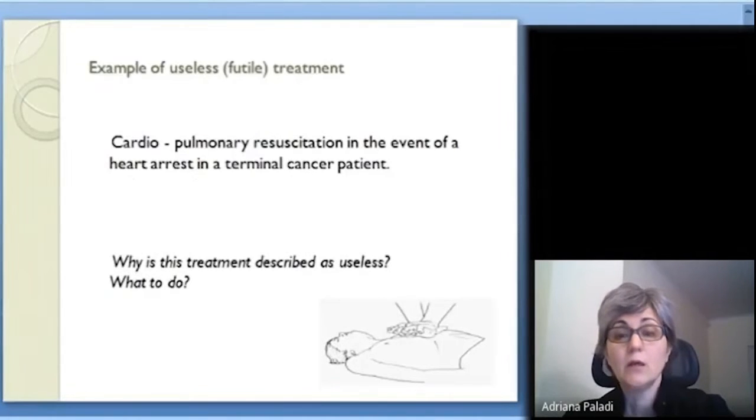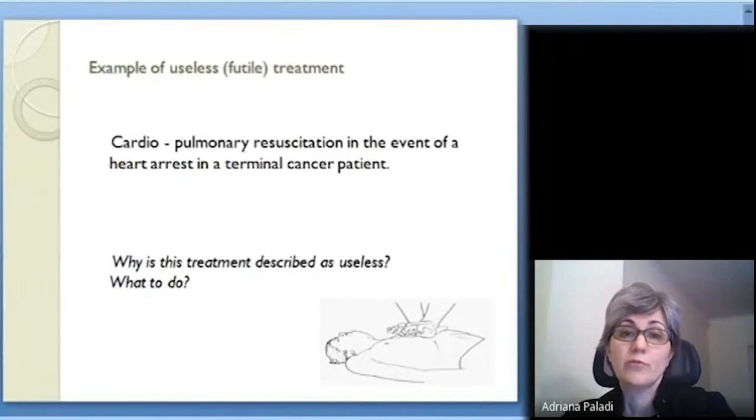But there are many types of treatments which are qualified as highly burdensome in palliative care, mostly in the case of terminal patients. But the most discussed is cardiopulmonary resuscitation in the event of heart arrest in a terminal patient.